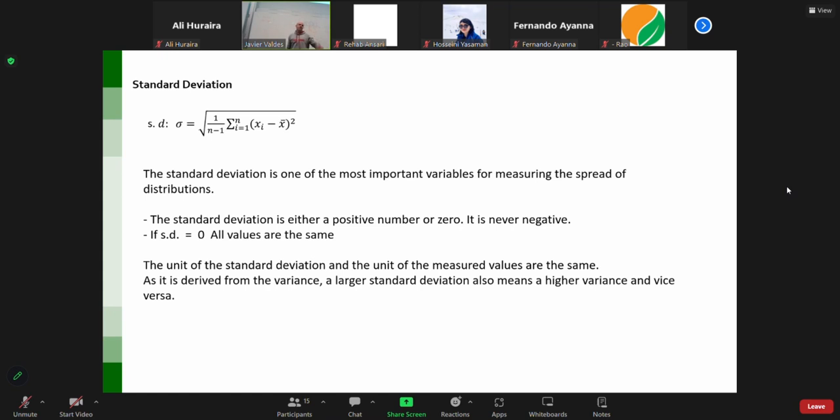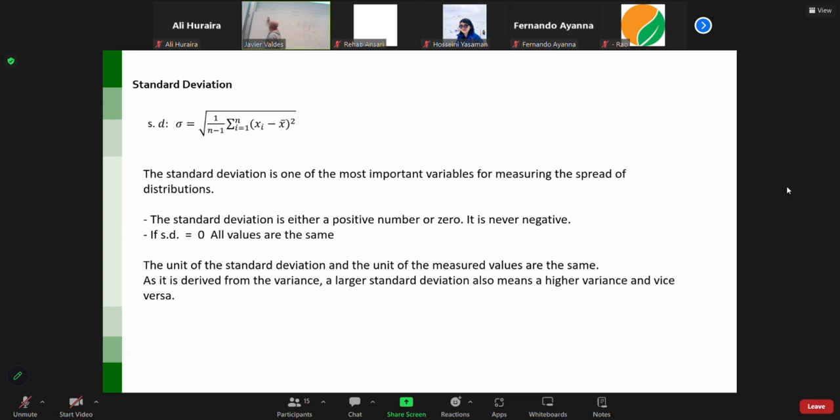So I will be asking you, can you please tell me what is the standard deviation of 360, or the root of 360? Can you tell me? 19.